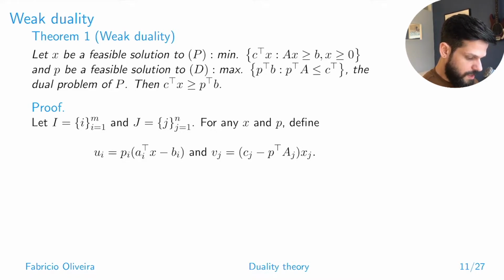So basically, because we're talking about feasible p's and feasible x's, what we get here is that Ax is greater than b, so this is positive, and c is greater than pA, so this is positive, although negative in both cases. And because we have constraints of this being greater than or equal to 0, this term is clearly greater than or equal to 0.